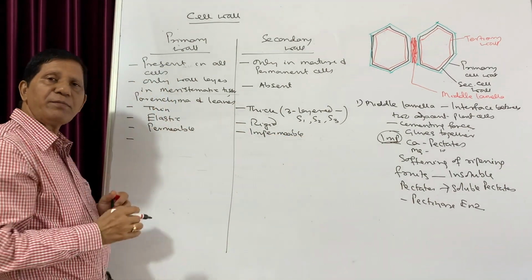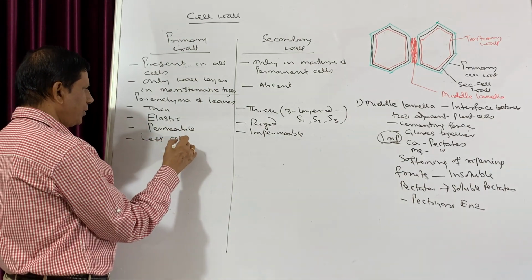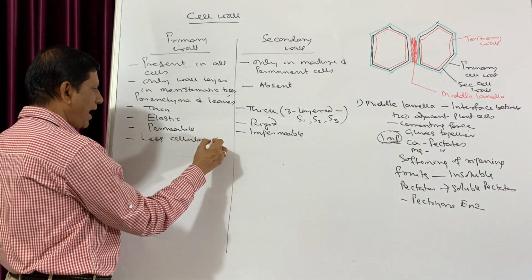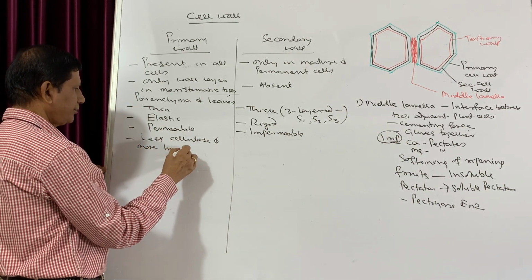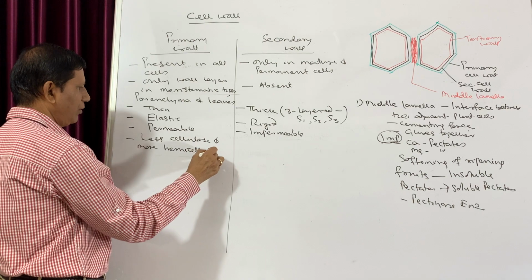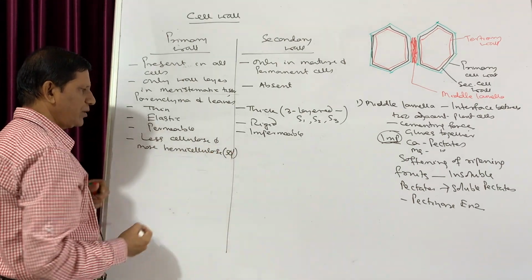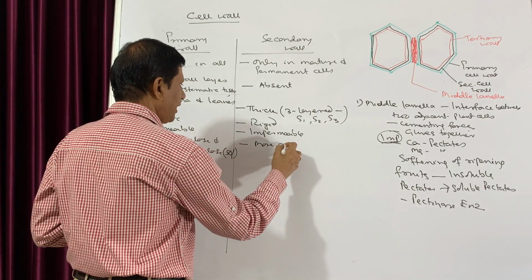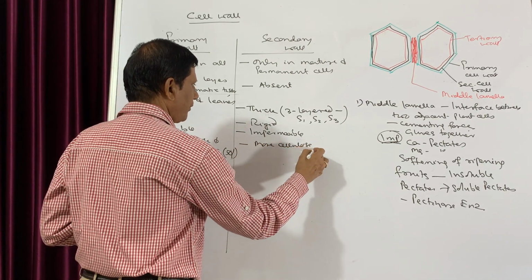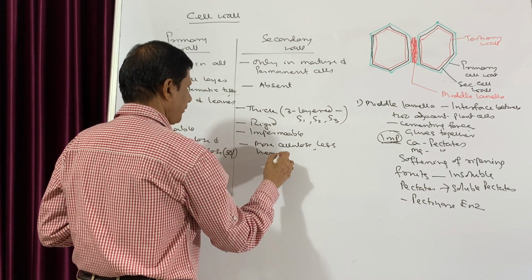In case of primary wall, there is less cellulose and more hemicellulose. That is usually 50% of hemicellulose is there. But in the secondary wall, there is more cellulose and less hemicellulose.